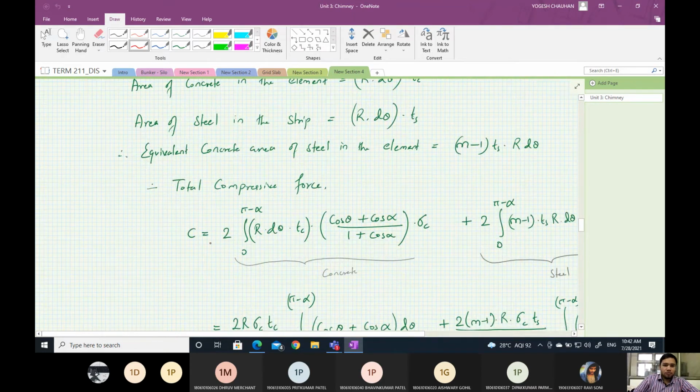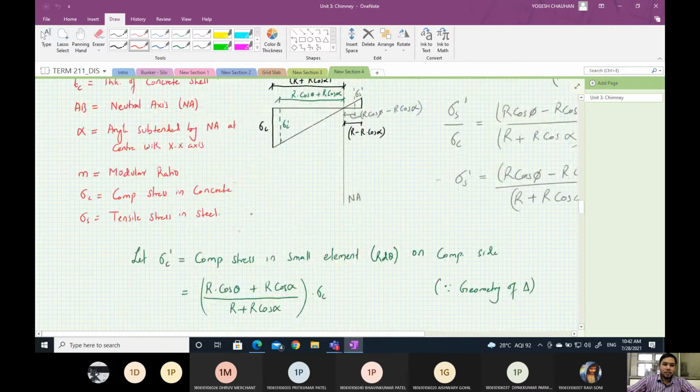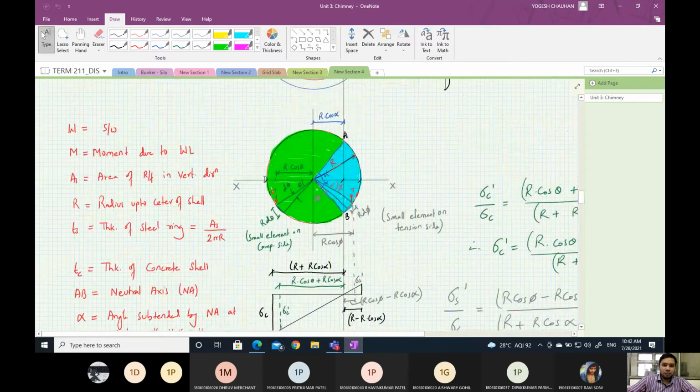So the total compressive force will be equal to 2 times integral 0 to pi minus alpha. 2 times means we are considering both sides. If this theta is 0, then this will be the line, and from that we have to integrate up to this line b.